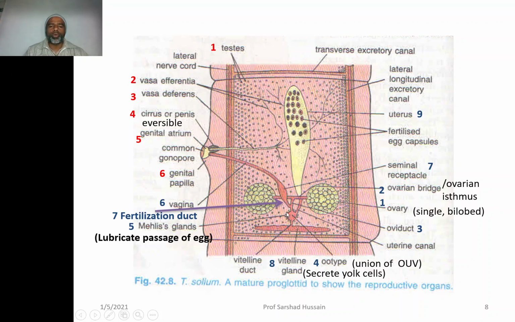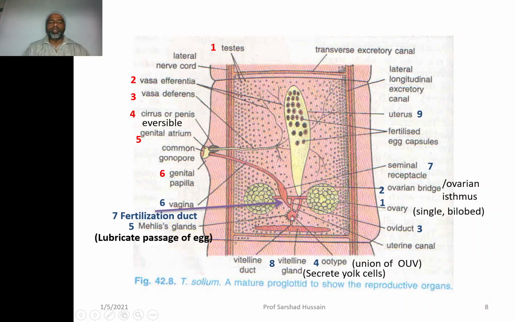This ootype is surrounded by glands called Mehlis' gland. Mehlis' glands lubricate the eggs so that the eggs may pass without any friction and may not get damaged. They pass into the uterus.